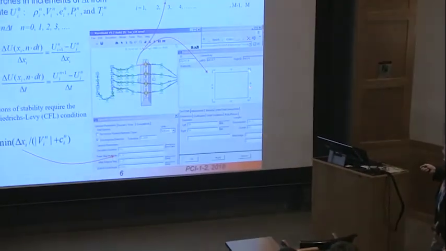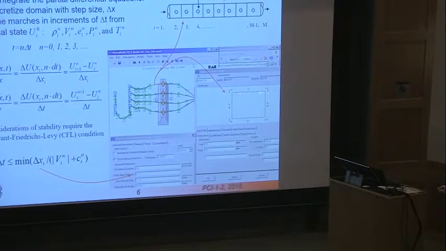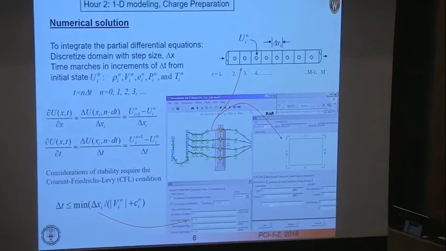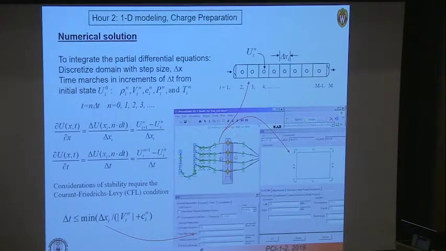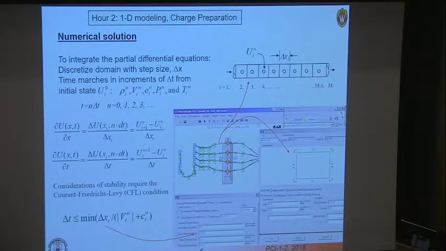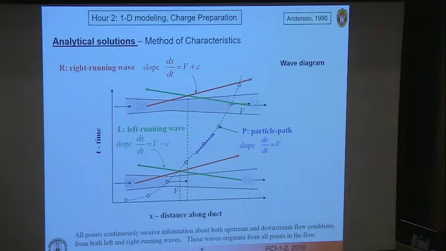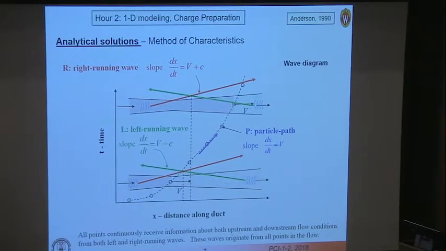You specify the duct diameter, you specify the duct length, and parameters associated with the duct, friction, and so on. And you do this for each of the elements in your model as you set it up. Very powerful modeling tool.